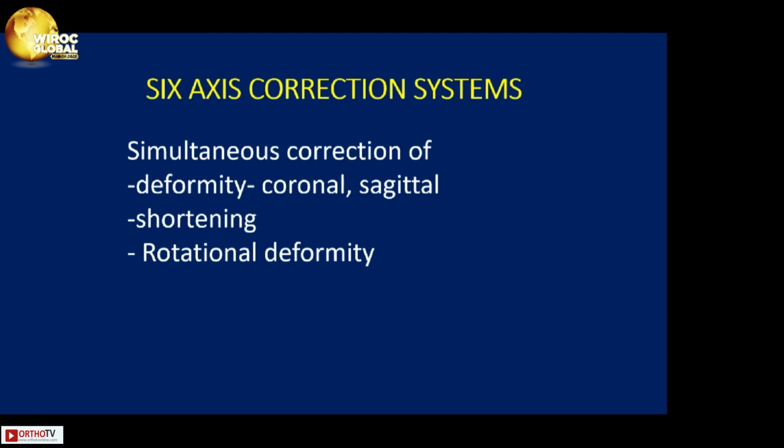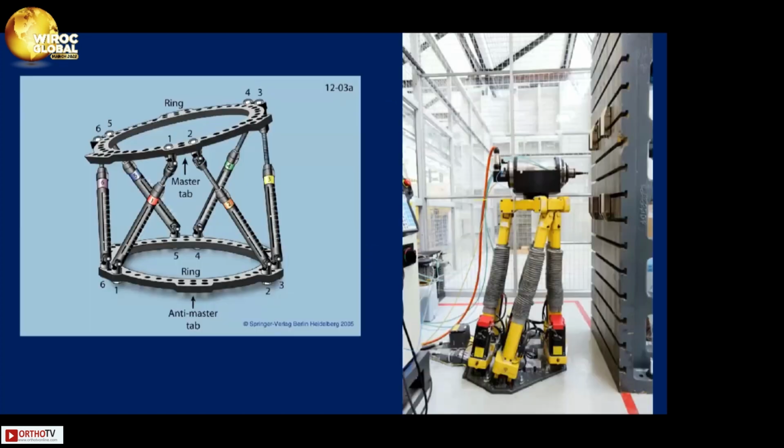As we have seen in previous talks, all these deformities can be treated with the Ilizarov apparatus, but that requires precise placement of the hinge, which can be challenging, especially for the rotational component. That is taken care of by the six-axis correction system, and the virtual hinge makes it a little easier than the traditional Ilizarov system.